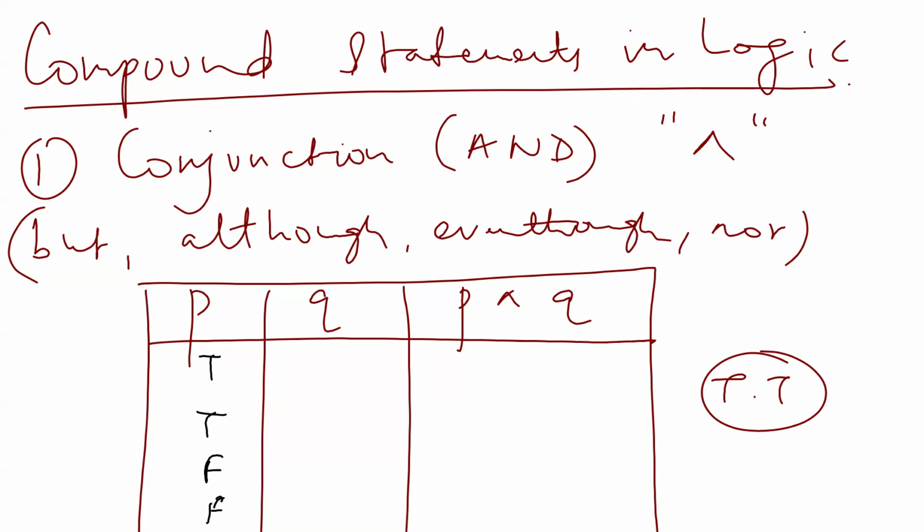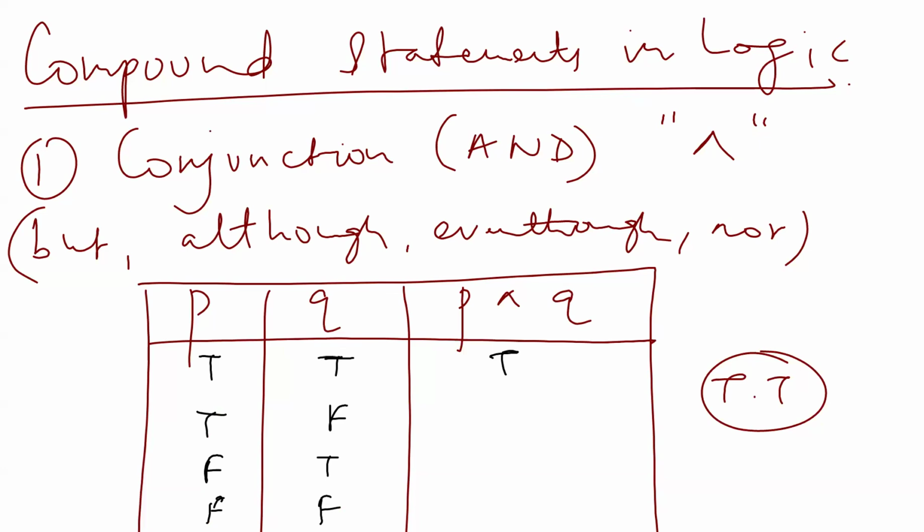TTFF, TFTF. These are the inputs. P, Q individually are inputs. These are two separate statements. If P and Q both are true, P and Q will also be true.